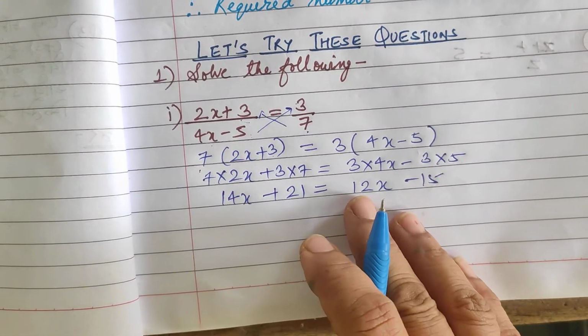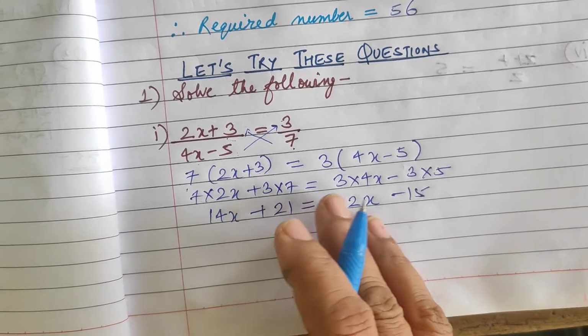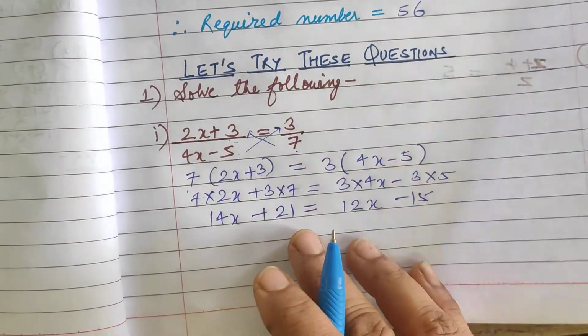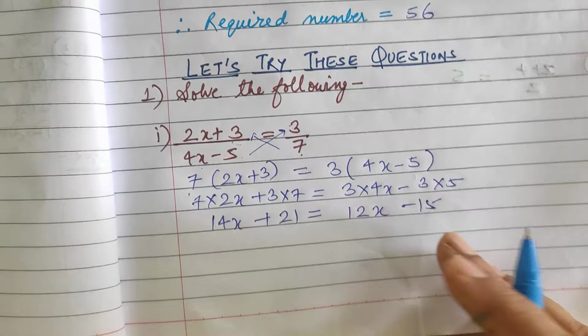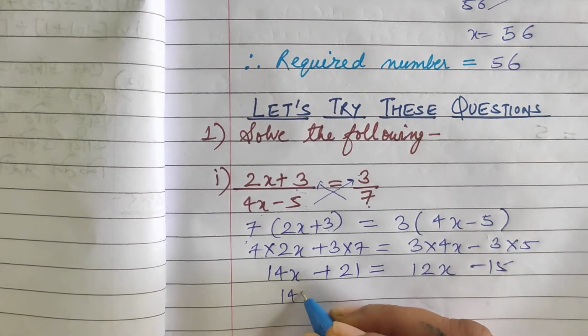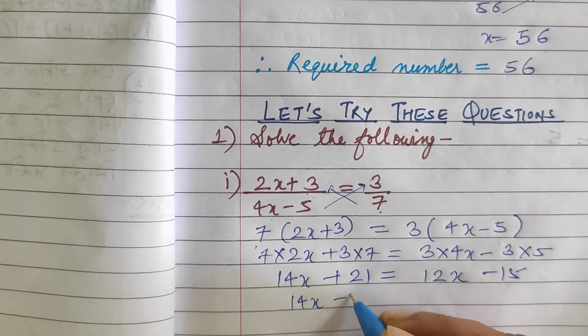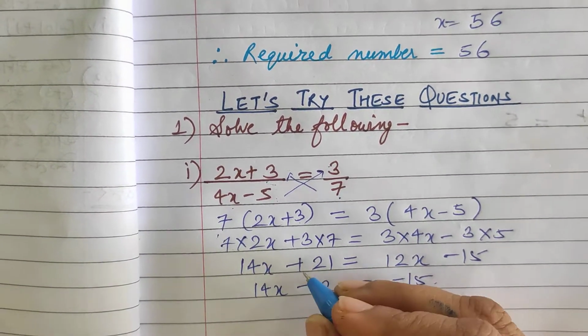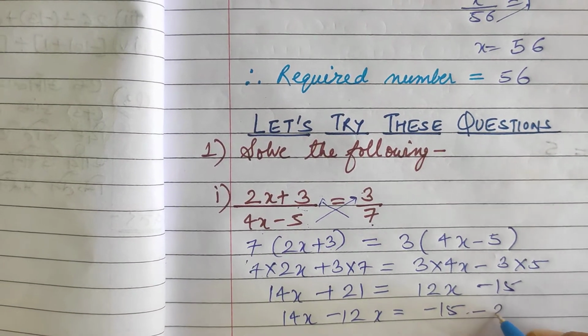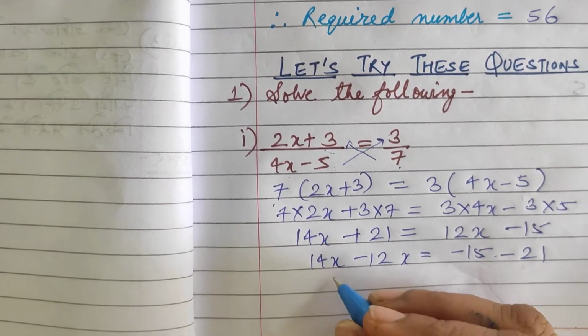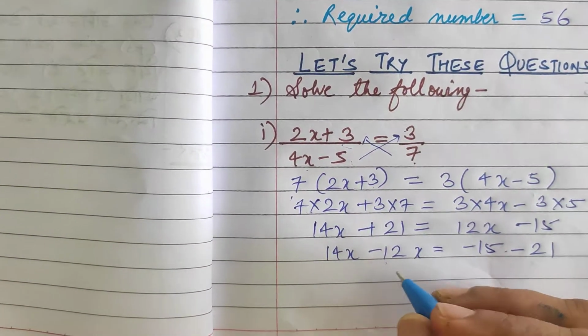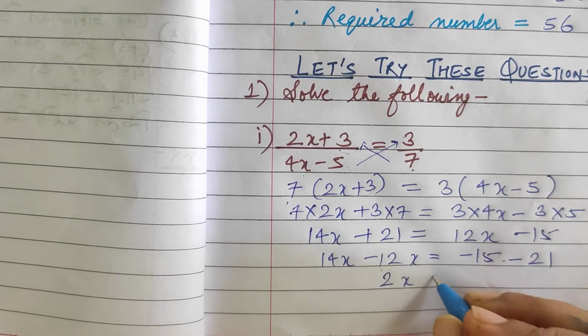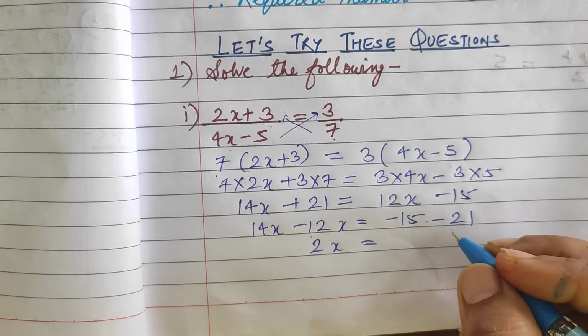Again, we are just shifting the variables on one side and the constants on the other side. So 14x plus 12x will become minus 12x, is equal to minus 15, and plus 21 will become minus 21. So 14 minus 12, so 2x is equal to minus 15 and minus 21.